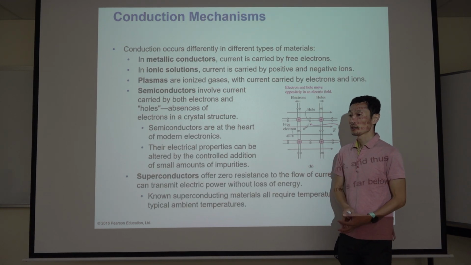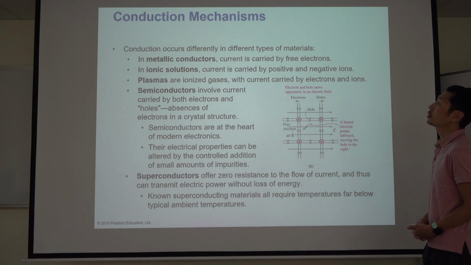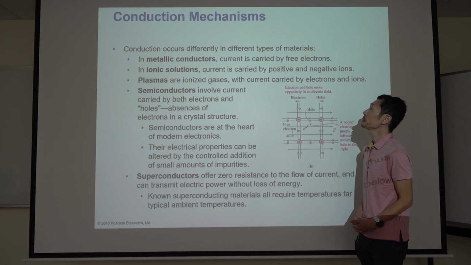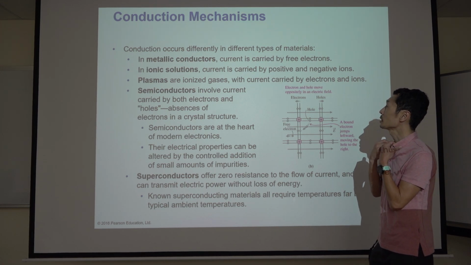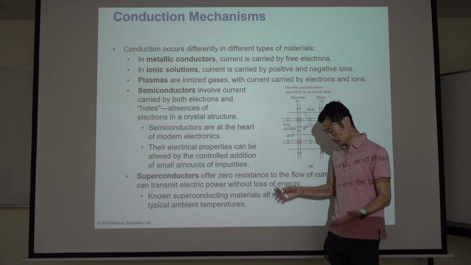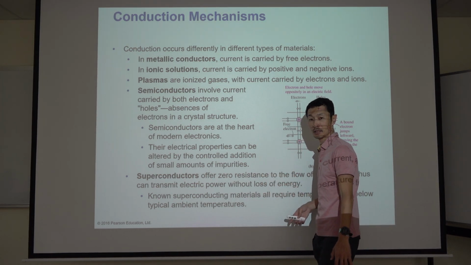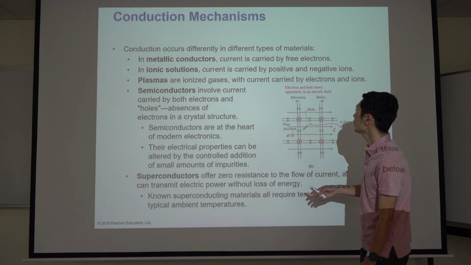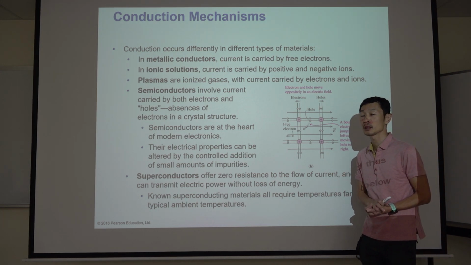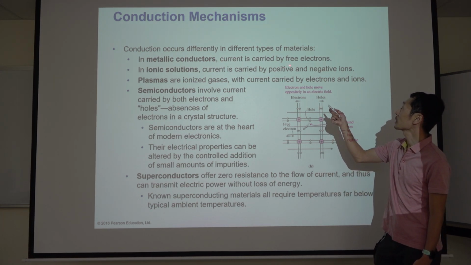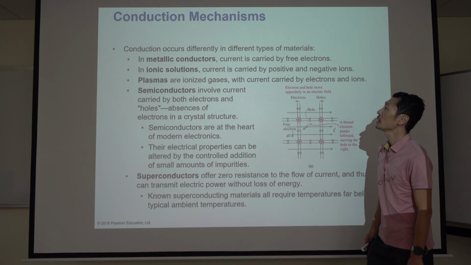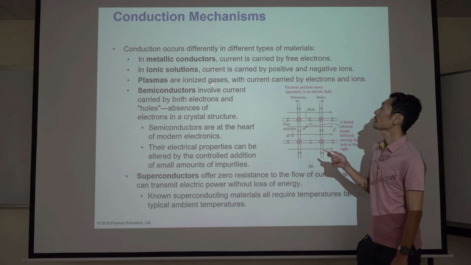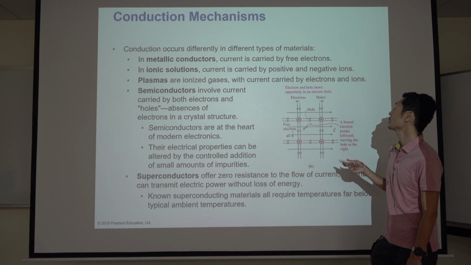Conduction mechanism. Conduction occurs differently in different types of materials. In metallic conductors, current is carried by free electrons. In metals, like this table, there are free electrons, so electrons can carry the current. In ionic solutions, current is carried by positive and negative ions.